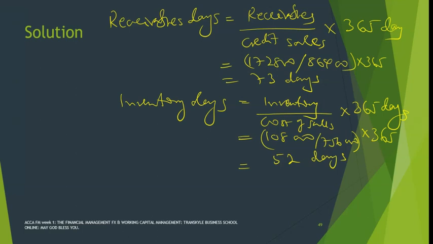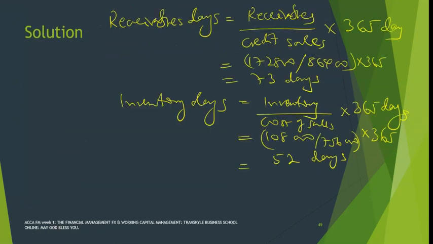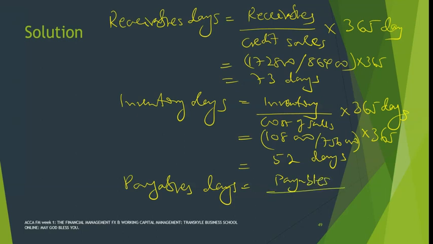Then from the scenario, we have got payables. So payables days is equal to the payables amount over credit purchases, multiplied by 365 days.